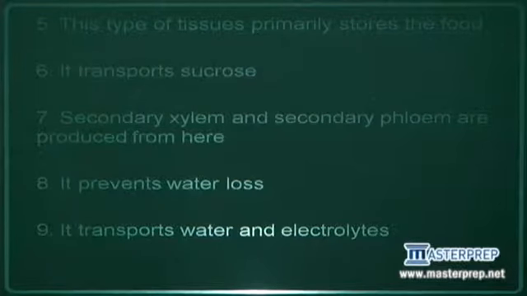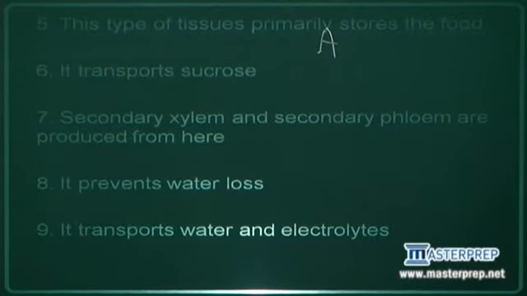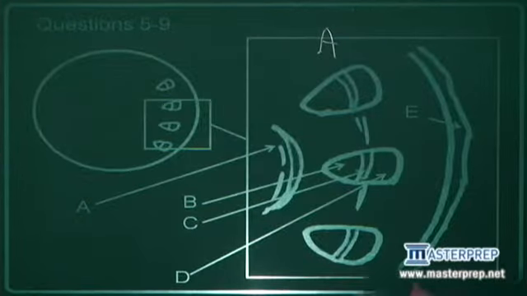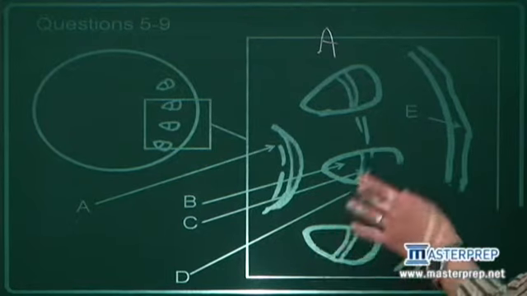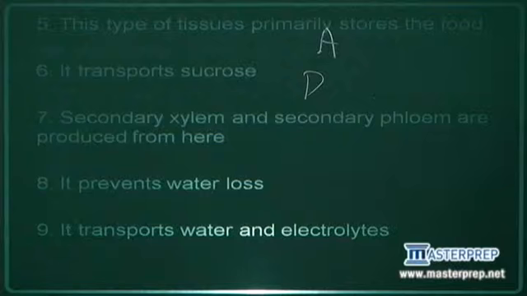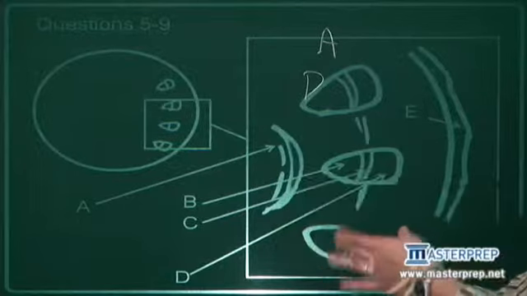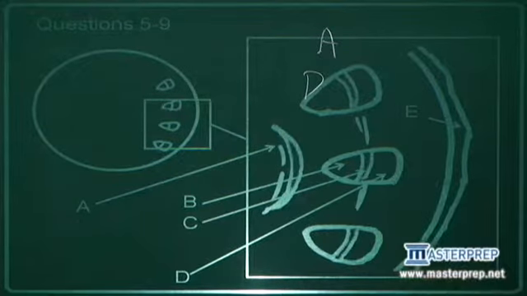All right, number 5, this type of tissues primarily stores the food. It's talking about the steel or pith, okay? That's A. Number 6 is transports sucrose. Transports sucrose, nutrients, sap, is the role of the phloem, which is D, right? And number 7, secondary xylem and secondary phloem are produced from here. Okay, so this is the function of the letter cambium. Here C.